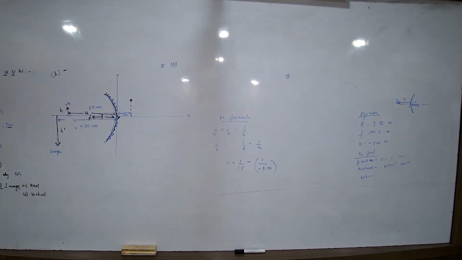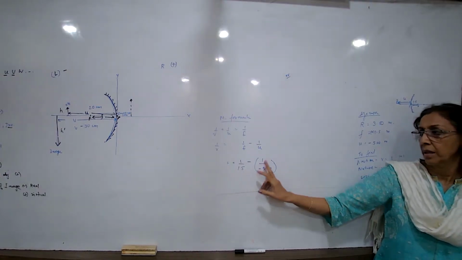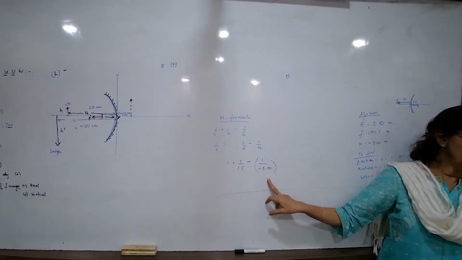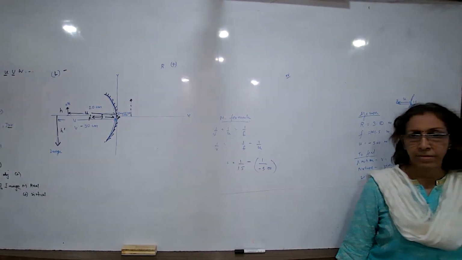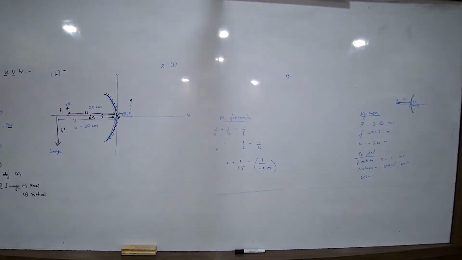How will you do? You want to do this? So what will it become? 1.5 plus 0.2, 1 upon 5. Show the working. Take the LCM or you can also do the cross multiplication.